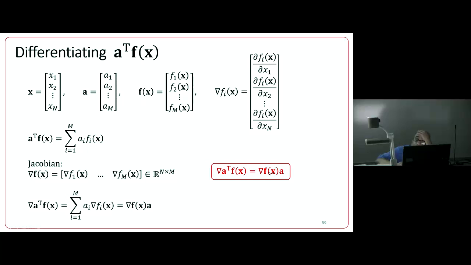This is a matrix, but look at the dimensions. x is n dimensions, right? And A and F are m dimensions. So this is A transpose F of x, which is the same thing as F transpose A.